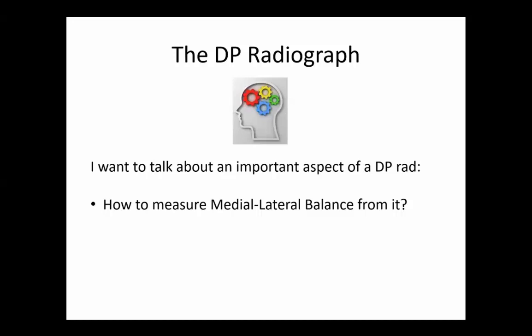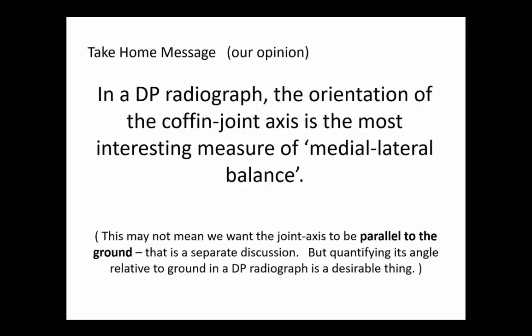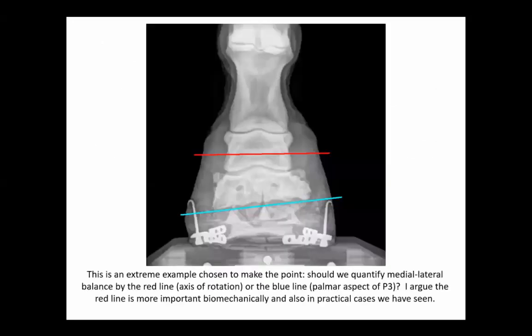I think I'm probably going to skip this or go very quickly through it because we're getting low on time and I want to show one more thing after this. The red line here is the approximate axis of rotation of the coffin joint, if you think about it a while. But how could we find that in a DP radiograph? So we're going to argue that the orientation of the coffin joint axis is the most interesting measure of medial lateral balance.